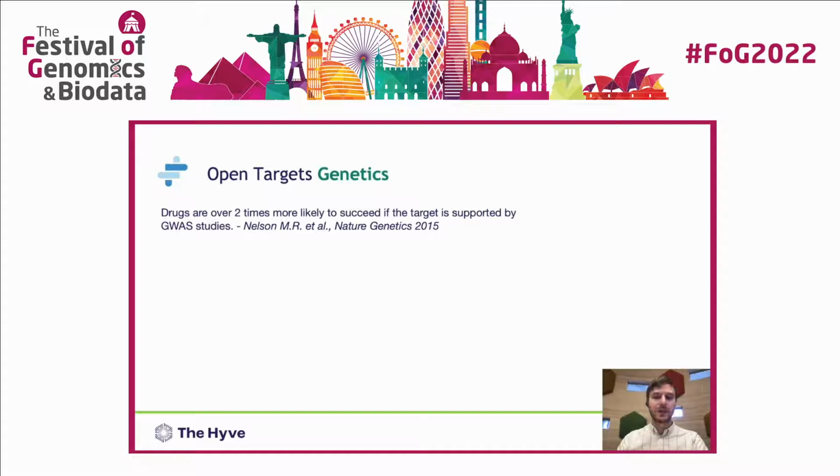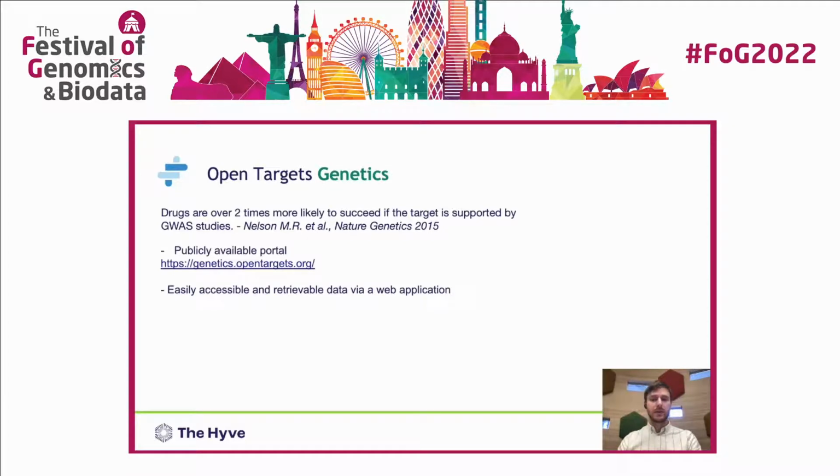A whole new application is dedicated to GWAS evidence, mainly because studies show that drugs are over 2 times more likely to succeed if the target is supported by GWAS studies. Just like the Open Targets Platform, Open Targets Genetics has a publicly available portal containing many GWAS studies already.